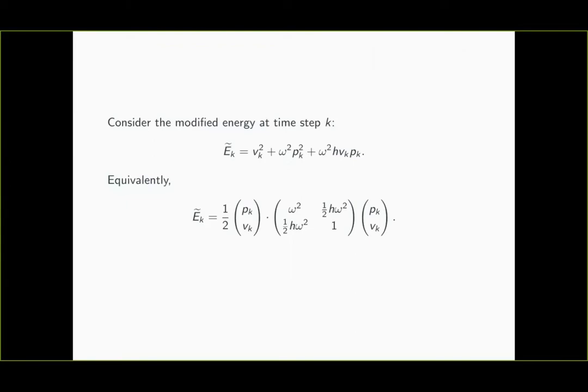We can again write this modified energy just as the original energy in terms of a scalar product. So the modified energy at time step k equals 1/2 times the vector p_k, v_k times the matrix vector product with the matrix omega square, 1/2 h omega square, 1/2 h omega square, 1, times again the vector p_k, v_k.